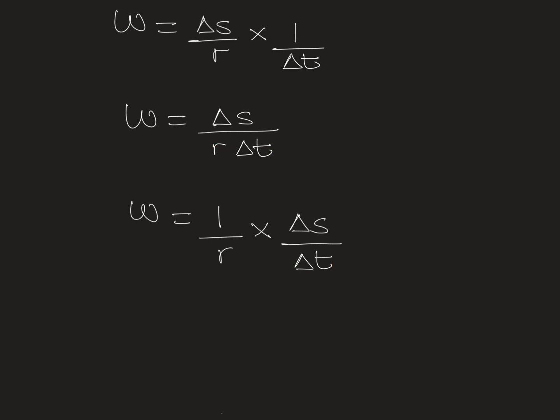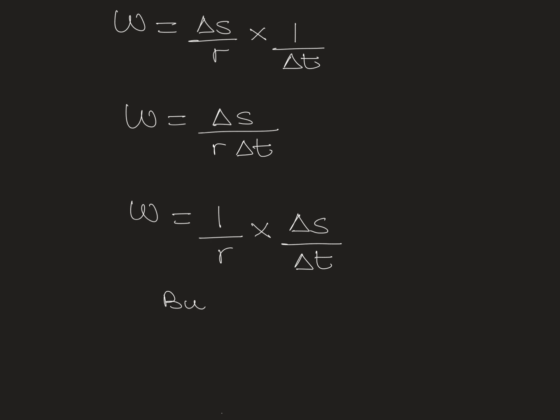The reason why I did this is to make sure you recall something in physics. If you have displacement divided by time, that is change in displacement divided by change in time, or if you want, you can say change in distance divided by change in time, that brings something into the picture, and that is velocity, or if you want, you can say speed.